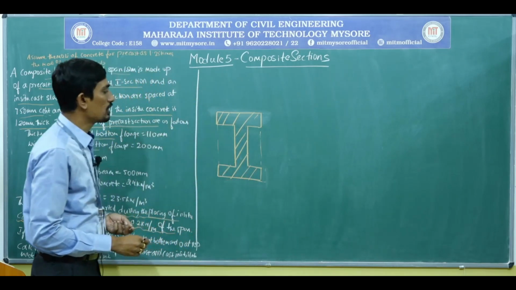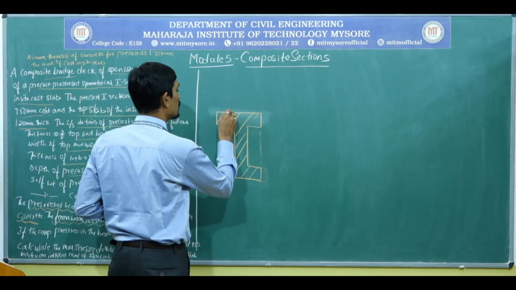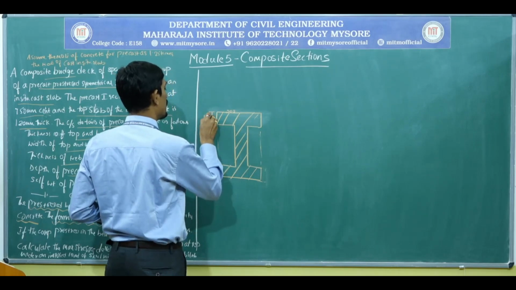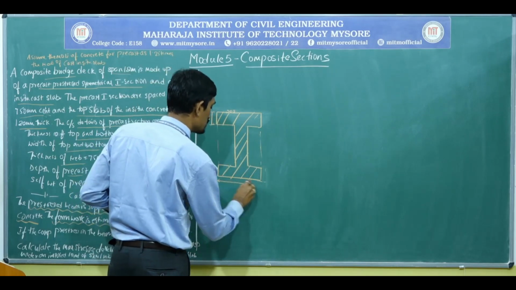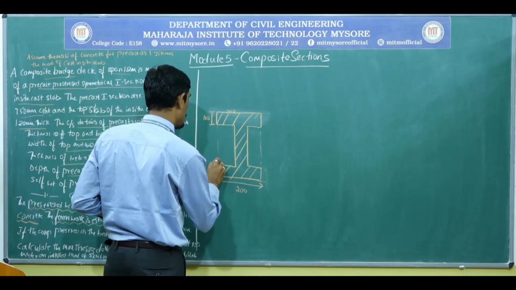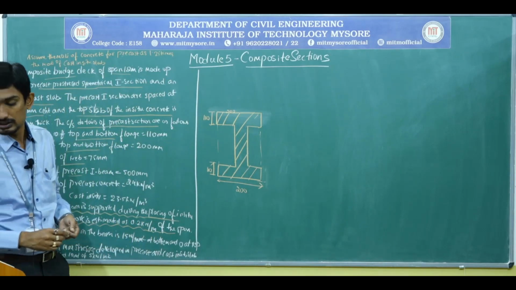Now they have been given these dimensions: 200, 110, this is also 200, 110, because it is a symmetrical section.